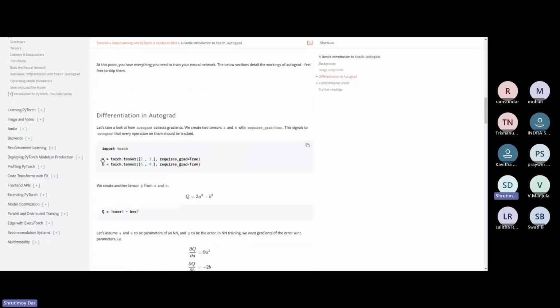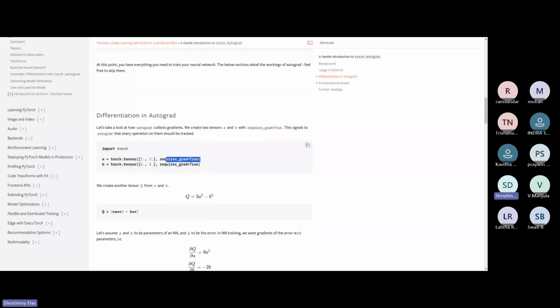Right now I mentioned you have these parameters W and B. So how do you know that the gradients for W and B will be calculated? In PyTorch, if you are creating parameters, say A and B, you just say requires grad equal to true.